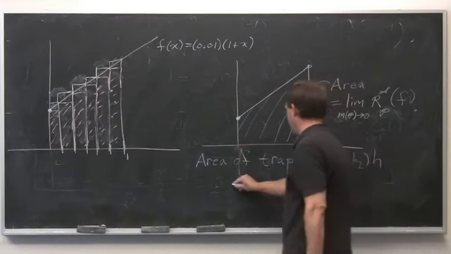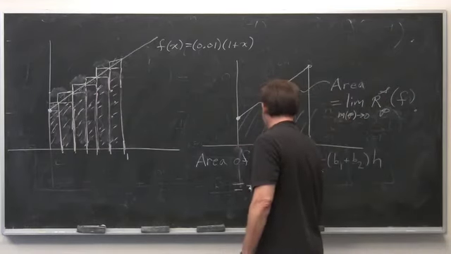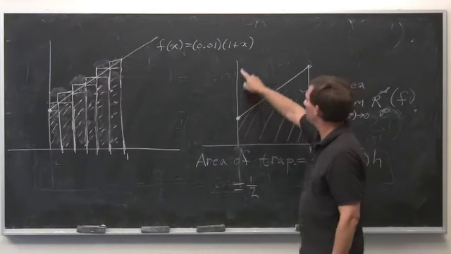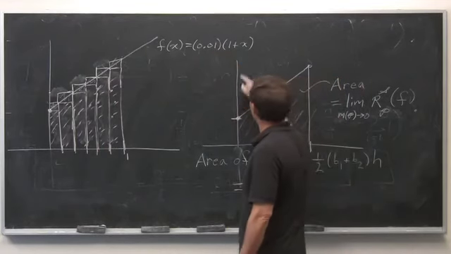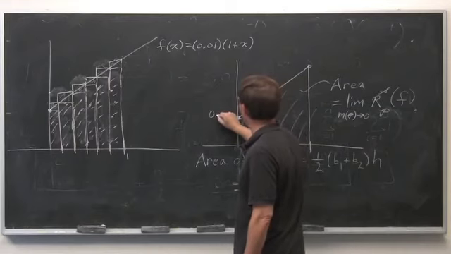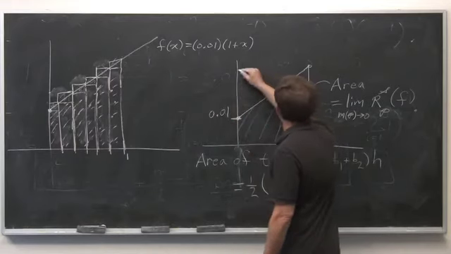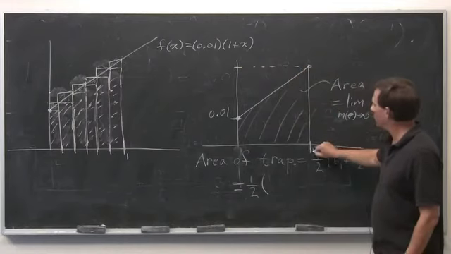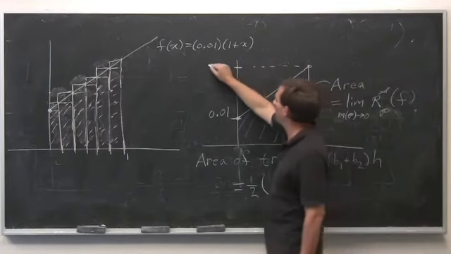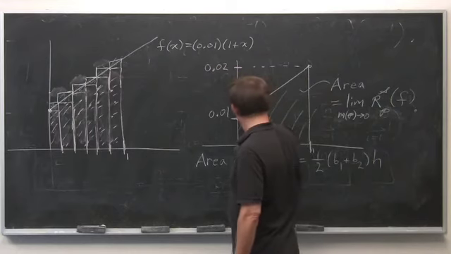So the bases, let's see, when x is 0, this is 0.01. This is when x is 1, so this is 0.02.